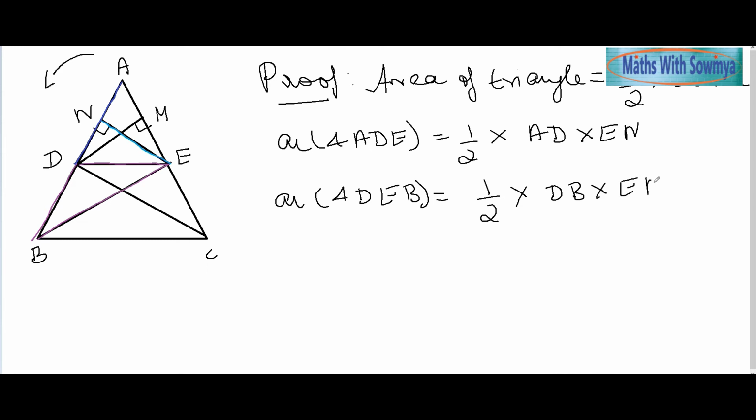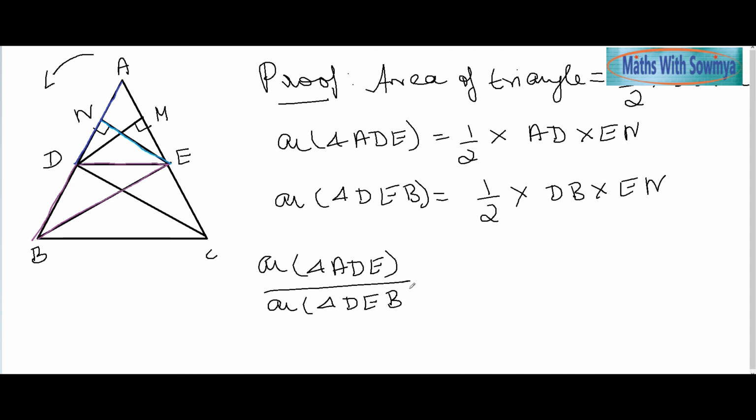EN itself is the height. Now we divide both of them. So dividing triangle ADE by triangle DEB, or DBE, you can take anything.